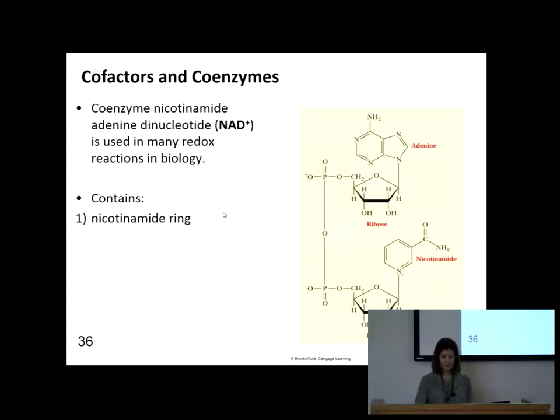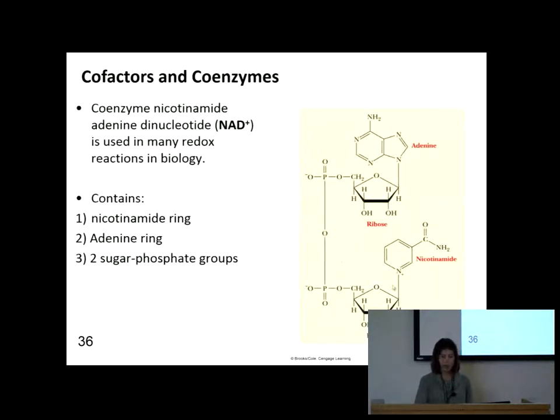It has a nicotinamide ring, which is not nicotine, an adenine ring, which is a nitrogenous base, and two sugar phosphate groups, sort of like DNA. This nicotinamide is the business part of the molecule, where it mediates the redox reaction.